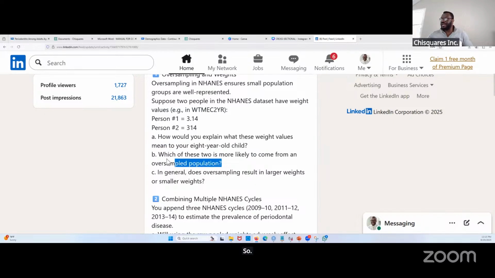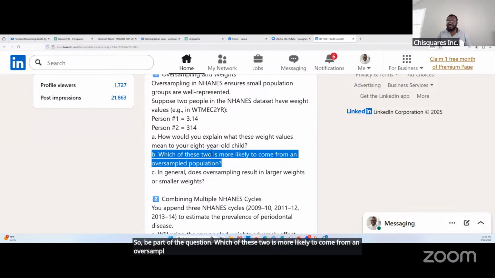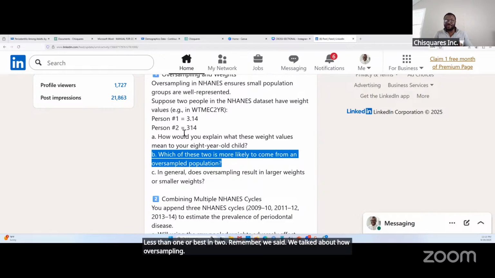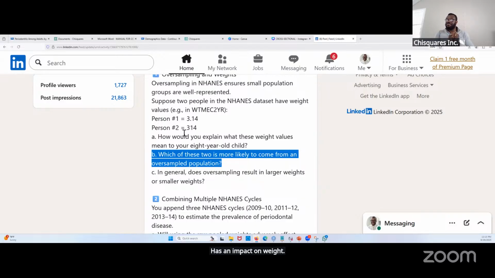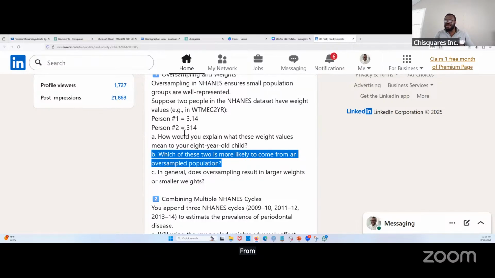The next part of the question: which of these two is more likely to come from an oversampled population? Person 1 or person 2? Remember we talked about how oversampling has an impact on weight. So between person 1 and person 2, which of these is more likely to have come from an oversampled population?